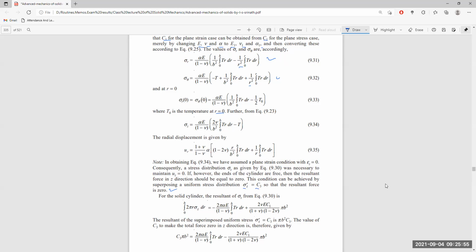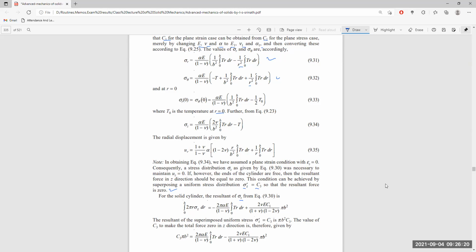Now for a solid cylinder, what happens? The resultant of sigma z will be the integral from 0 to r of 2 pi r into sigma z dr. 2 pi r is the circumferential length at a distance r, multiplied by the thickness dr of that ring there, and multiplied by sigma z, the longitudinal stress.